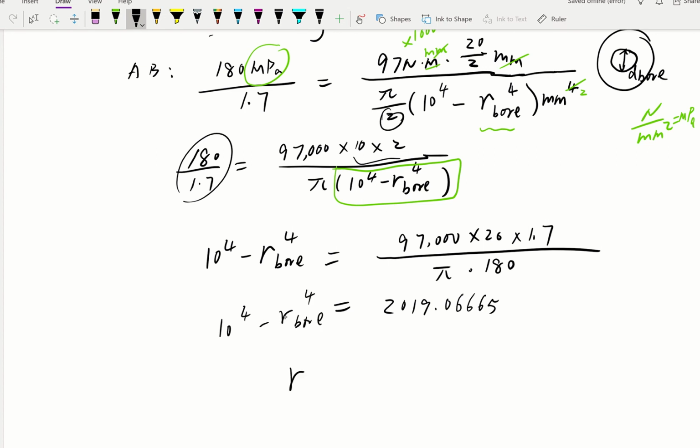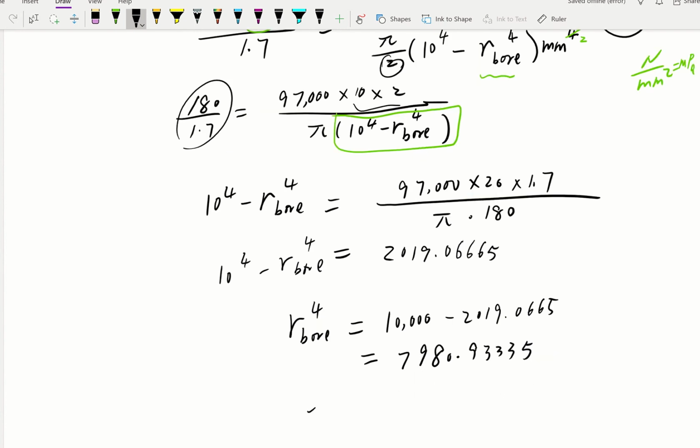All right, so R to the power 4 is going to be 10,000. That's 10 to the power 4 minus this value. You just calculate it. Then I have 7980.93345.